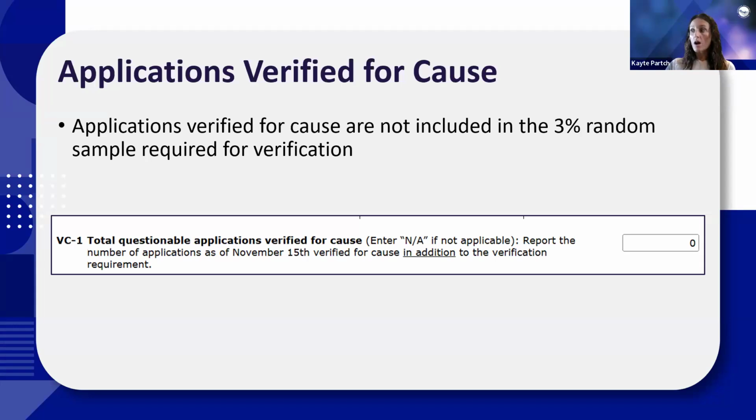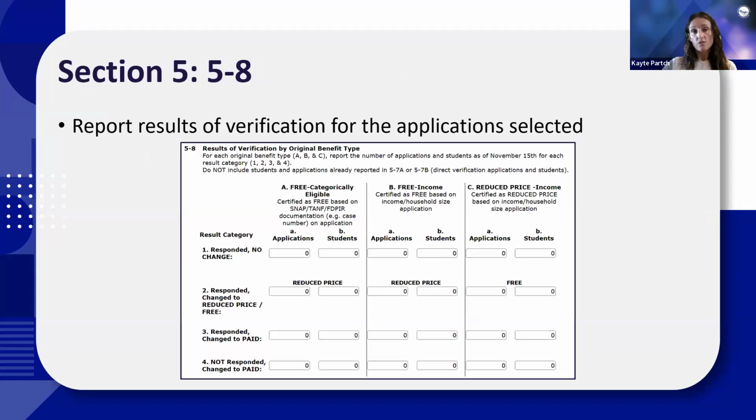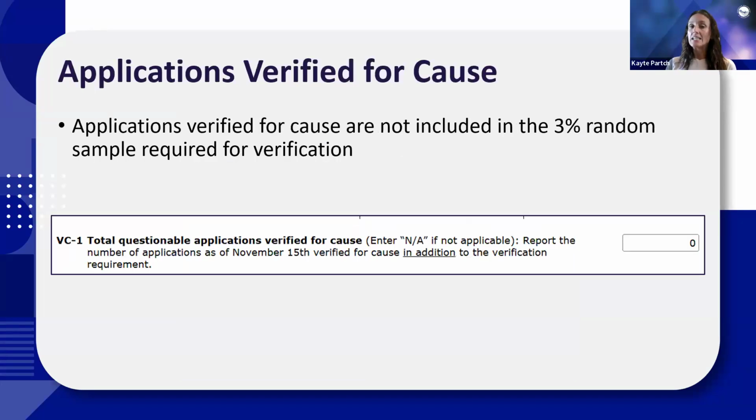Okay, and the results of this verification for cause would also be reported above in section 5-5 here. So all of those that were required to be verified because they were part of the random 3% sample, as well as any additional applications you verified for cause, would need to be reported in section 5-8.